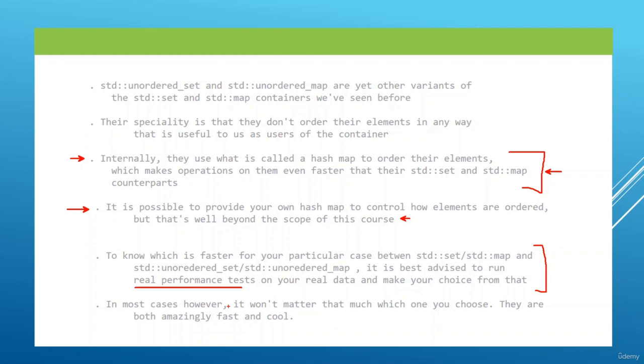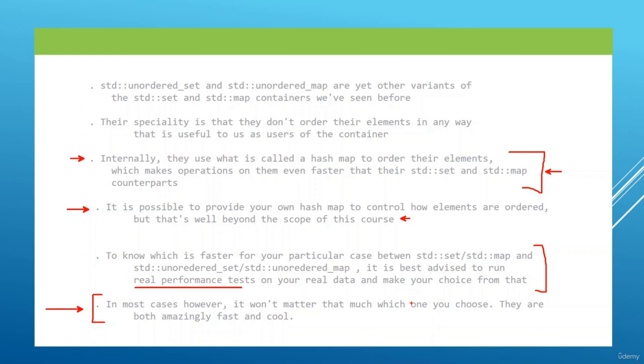But in most cases, it won't really matter, so the difference is not going to be that significant. And in practice, I choose to use std::set and std::map because they give me ordering that I can control directly, either through comparison operators or callback functions that I can pass to my containers. But that's my preference. You will have to make your own choice.